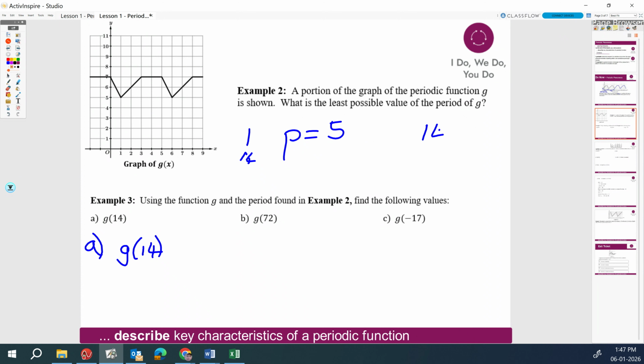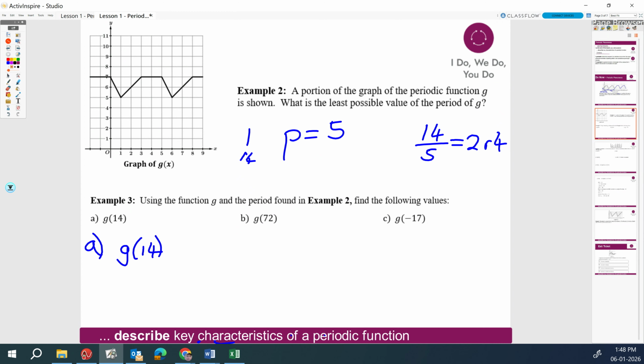If we take 14 and we divide it by 5, what is the answer? 2.8. If we do integer division, we could say 2 remainder 4.